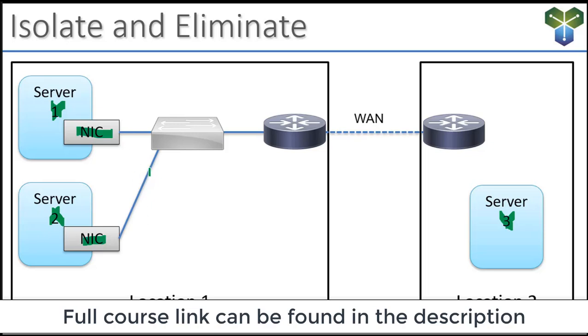I don't think that it's the way that they're physically connected to the switch, but it could be a switch configuration issue. It could be a router configuration issue. My wide area network could be down. These are things that server 1 and server 2 have in common. Isn't it nice to have a network diagram that can help us quickly identify the things that these two servers have in common?